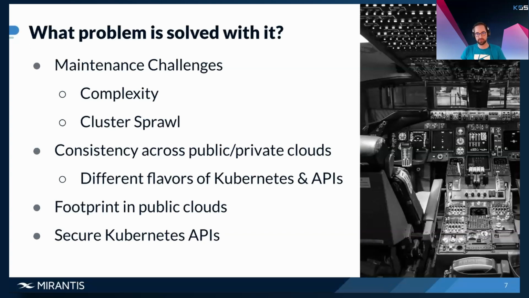And the footprint of those clusters always includes 3 nodes for the highly available control plane. And you have to secure the Kubernetes APIs in those different environments. So you need to at least make your APIs as secure as possible and close any security vulnerabilities by yourself.